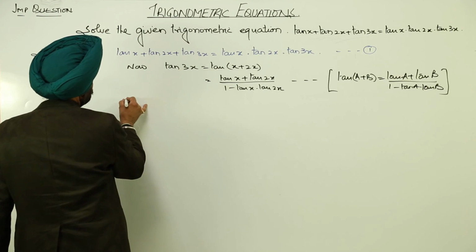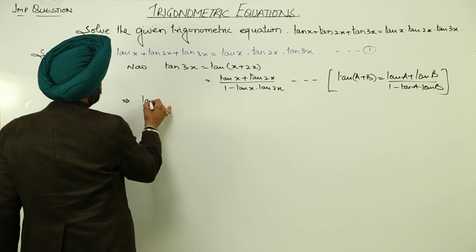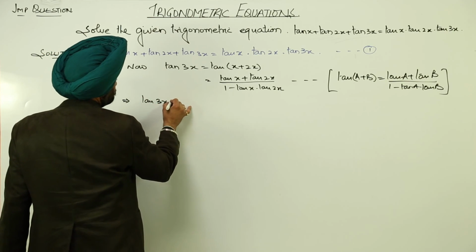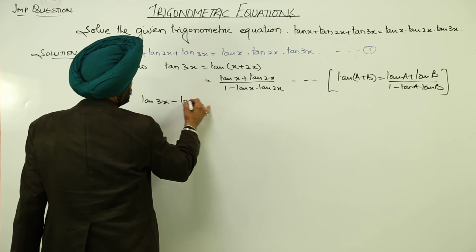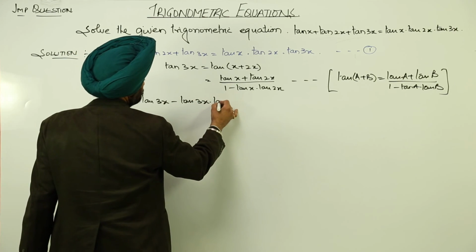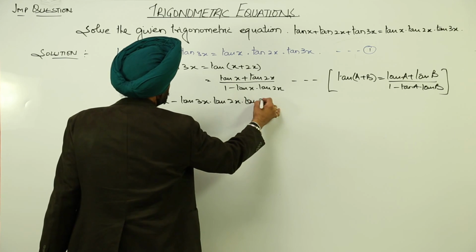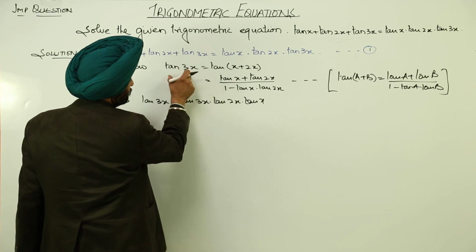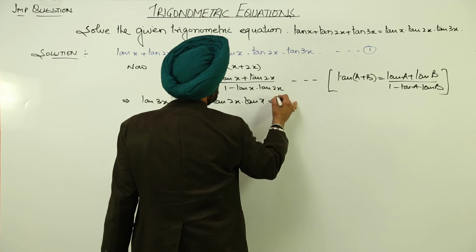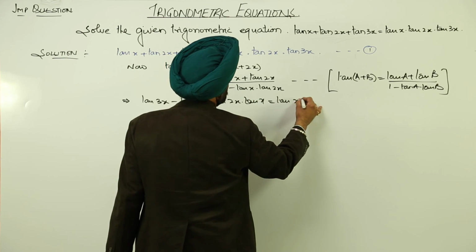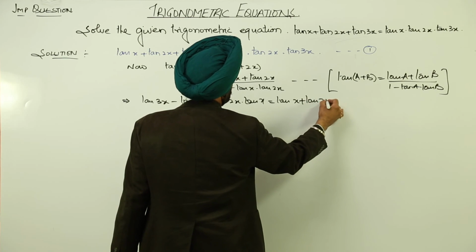Now by cross multiplying, we are having tan 3x minus tan 3x tan 2x tan x, multiplying this by 1 and this by this term. This is equal to tan x plus tan 2x.